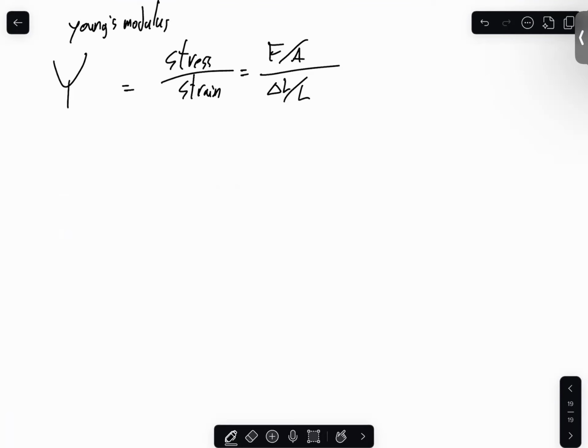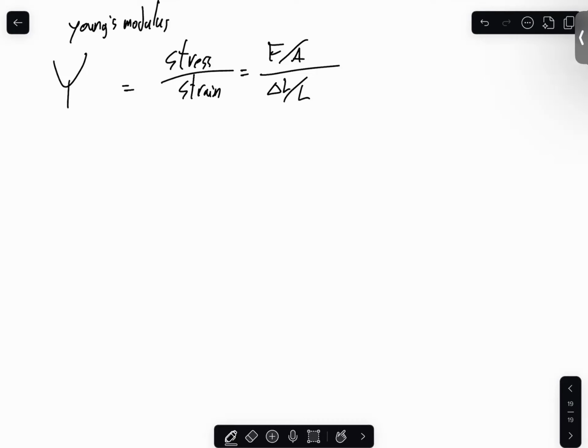If something extends by 200%, its strain is 2. Okay. If something gets twice as, wait, hold on, I said that wrong. If something's length doubles, then the change in length would be 1. That is the percentage change, not the ratio of final to initial.